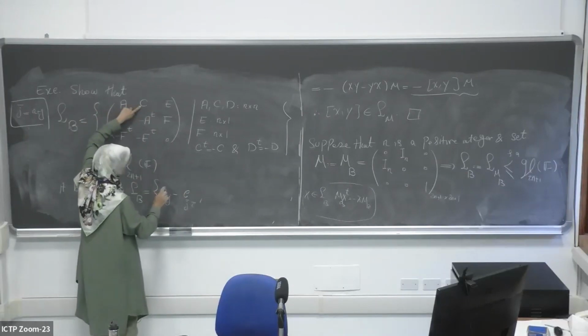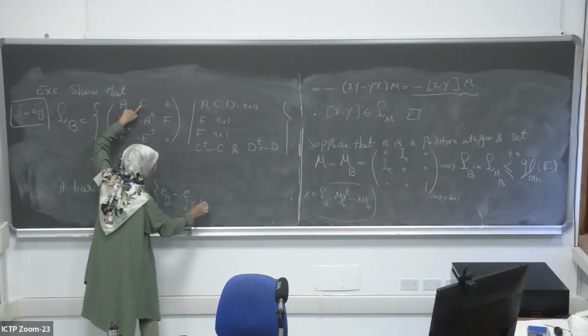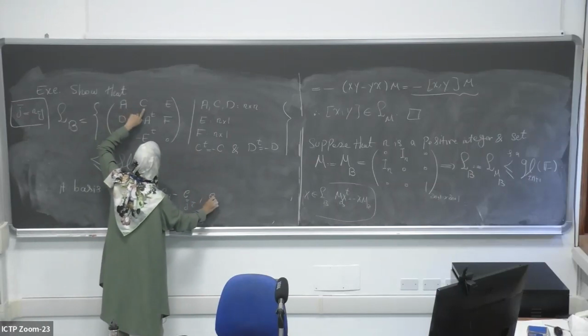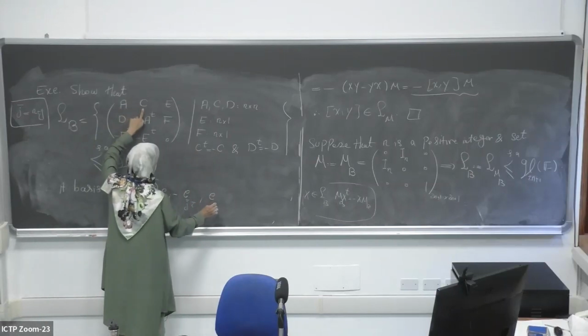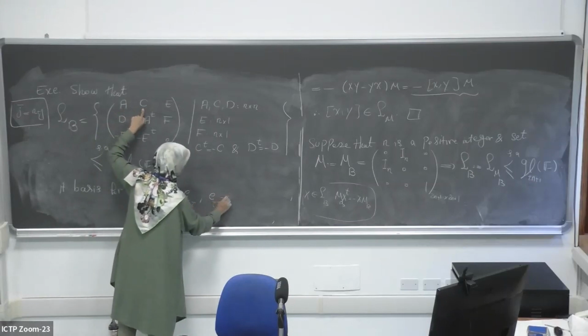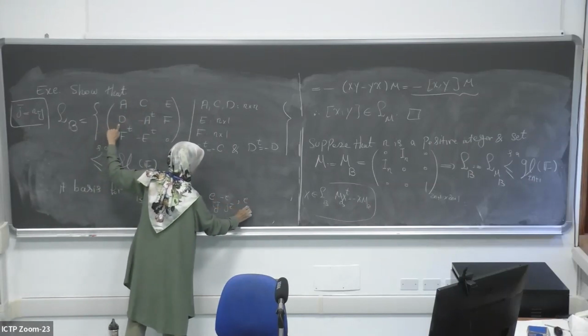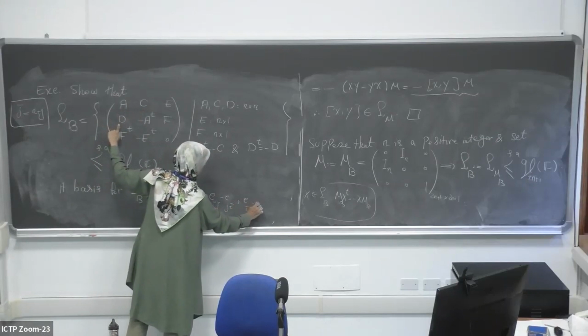And for C, we know that C transpose is minus C, so we have E_{i j bar} minus E_{j i bar}. For B, we have E_{i bar j} minus E_{j bar i}, right?